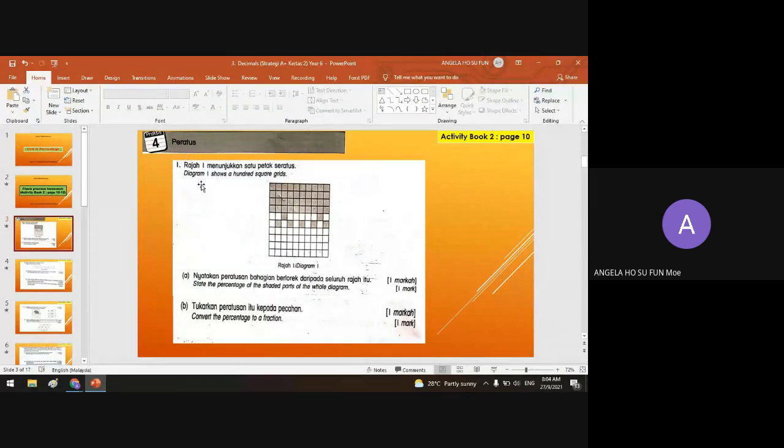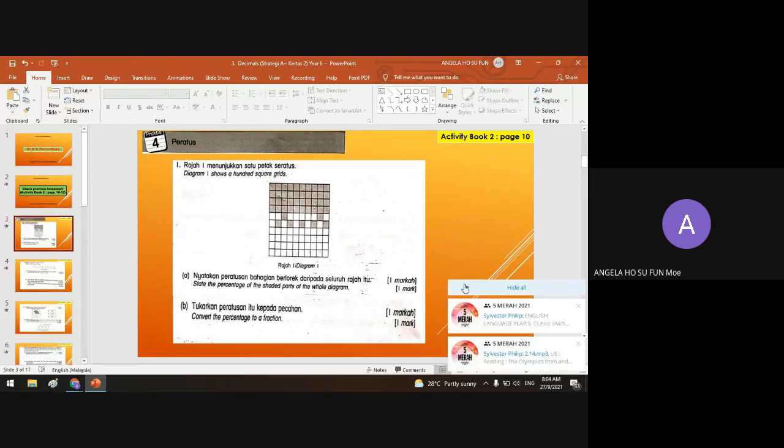Diagram 1 here. You can see there is a 100 square, 100 square grids, and you can see there are parts that have been shaded. So for A, the question is asking: state the percentage of the shaded parts of the whole diagram.